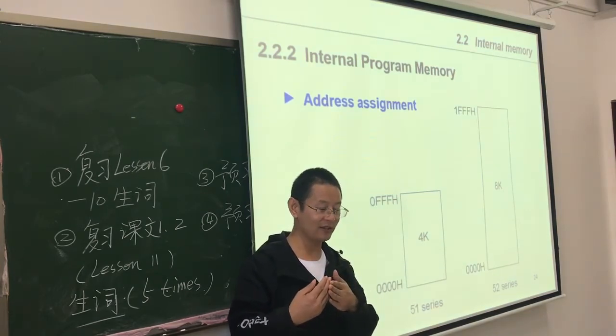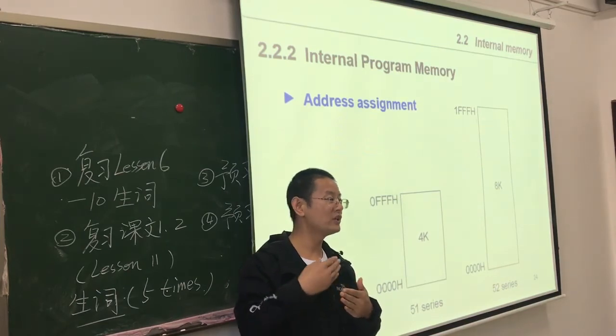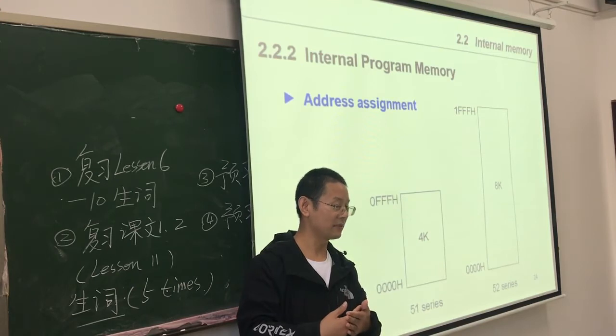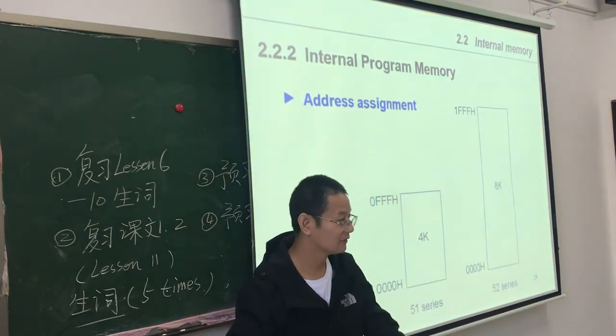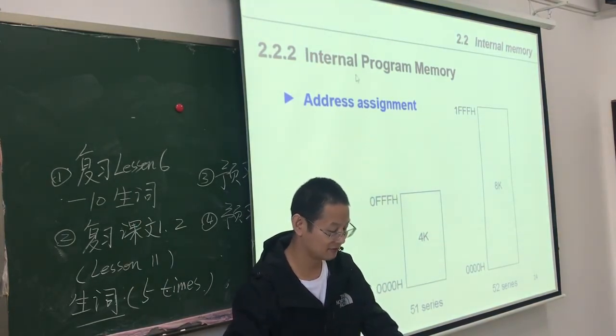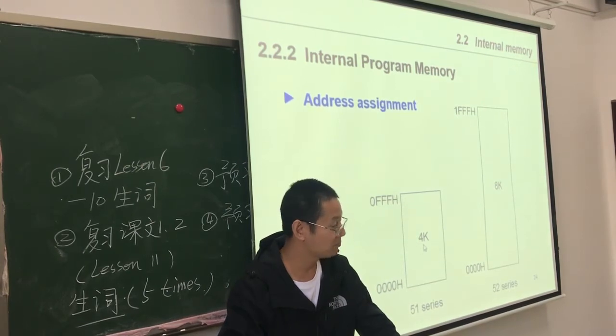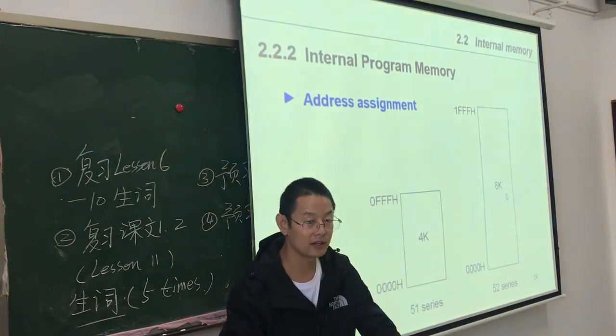Program memory is read-only memory, ROM. The 51 series has 4KB memory. The 52 series has 8KB program memory.